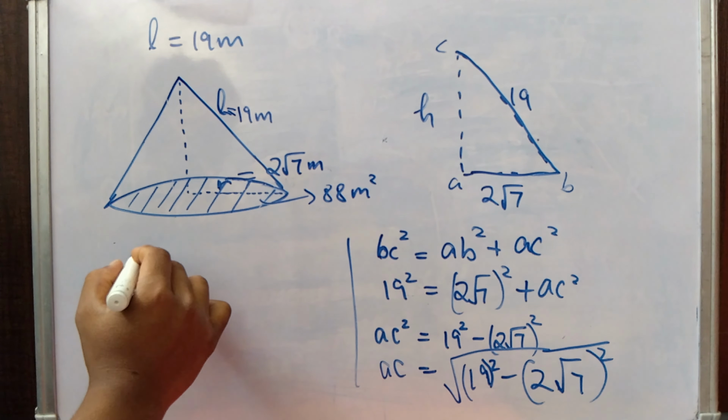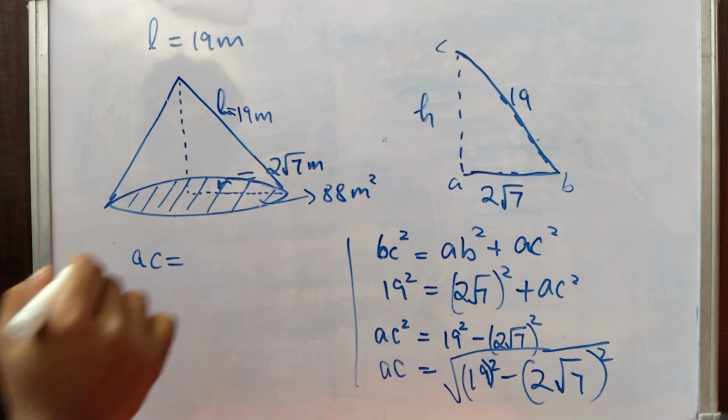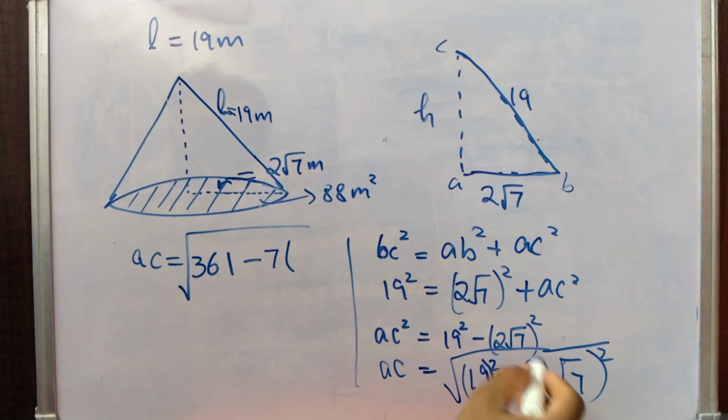So now we can have AC equal to root of, what is 19 square? 361 minus, now here we have a trick. We have a square for both the 2 and the root 7. So this root will go off when we take the square of it, and we'll have a 7 term here, and into this, 2 square is 4.